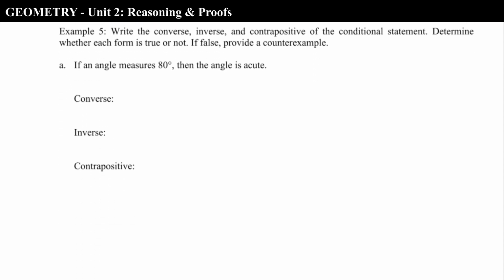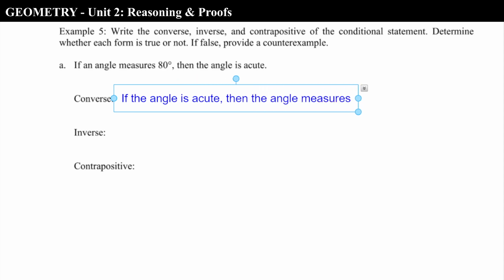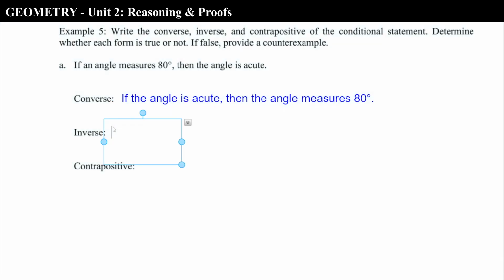So let's do an example. Let's start off with: if an angle measures 80 degrees, then the angle is acute. So let's write the converse. The converse means we flip it. So if the angle is acute, then the angle measures 80 degrees. Okay, we're just going to write our statements first and then we'll determine if the statements are true or false.